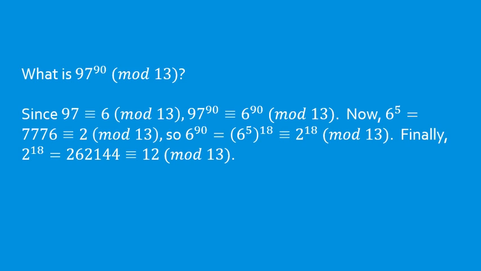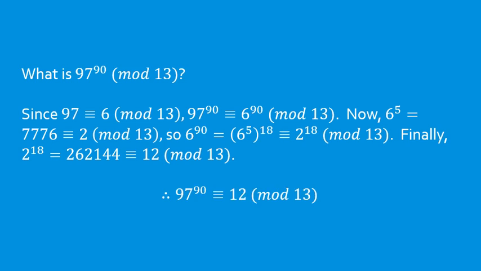And if you divide that by 13, you will get a whole number and then some numbers after your decimal. Take 13, multiply it by that whole number, you'll get some product. Subtract that product from the 262,144, and you are left with 12. So 2 to the 18th is congruent to 12 mod 13.